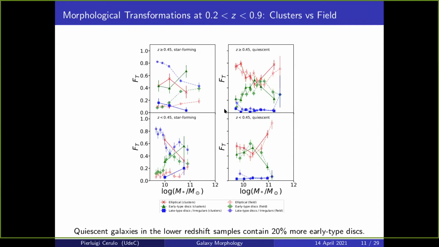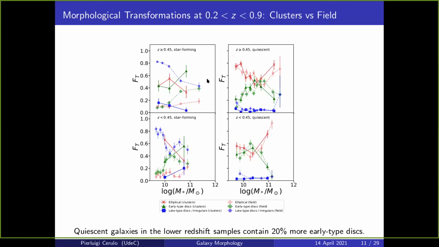Unfortunately, for star-forming galaxies, we could only gather a small sample of cluster systems, so it's less than 100 in each of the high and low redshift subsamples. You can see that there is a mixture of morphological types in clusters, whereas in the field, the star-forming galaxies are mostly late types.